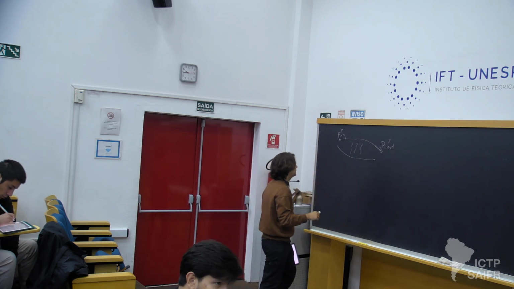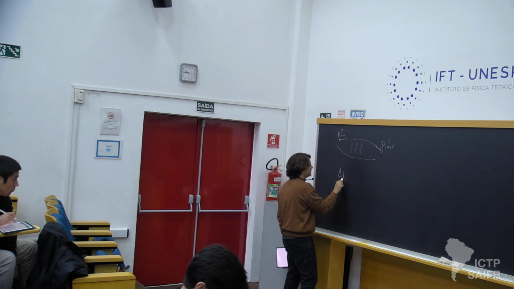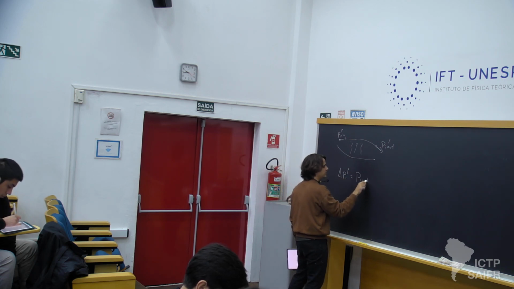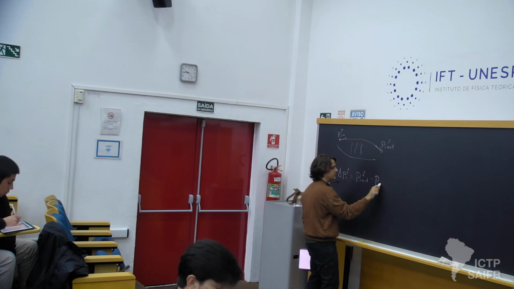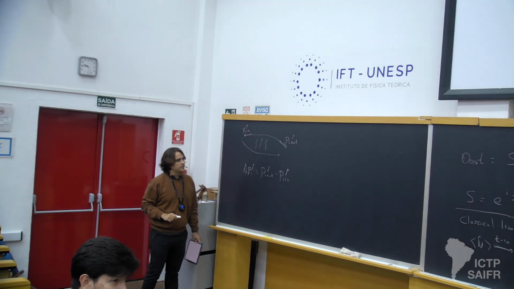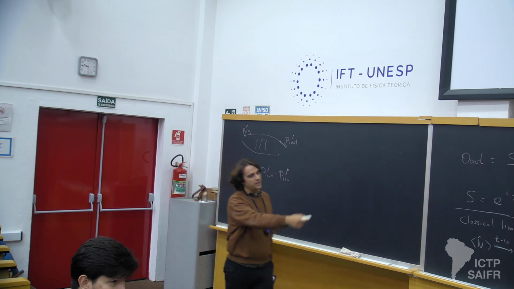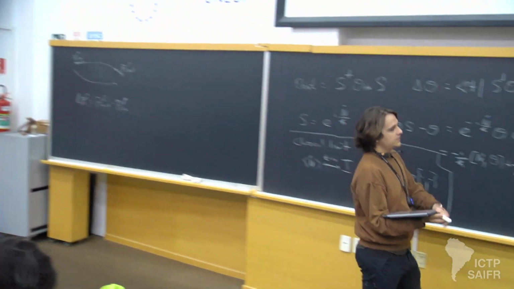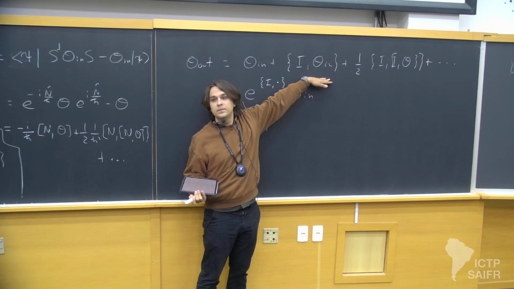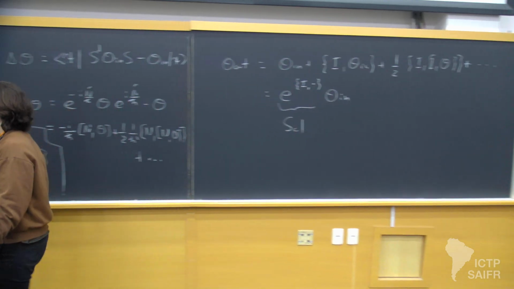So the quantity I want to compute is delta P1 mu, which is P1 out mu minus P1 in mu. Okay. And using that formula here, at leading order, the difference will just be the Poisson bracket with the action integral.